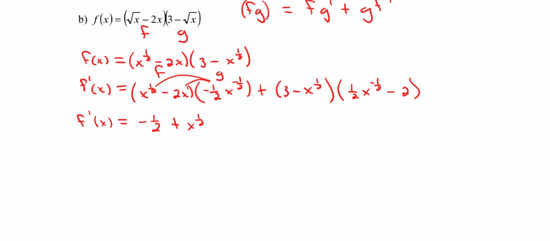Now on to the next one here. This would be minus 6, right? Sorry, my bad. That would be plus 3 over 2 x to the negative 1/2, and then minus 6 minus 1/2 plus 2x to the 1/2.